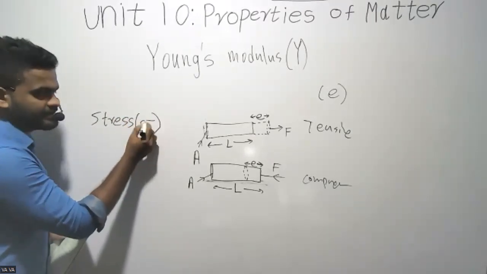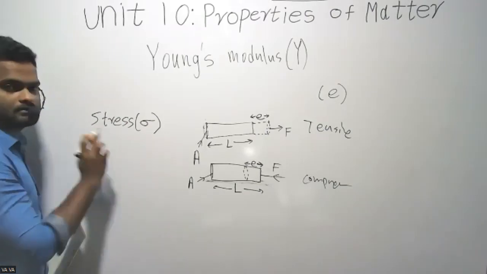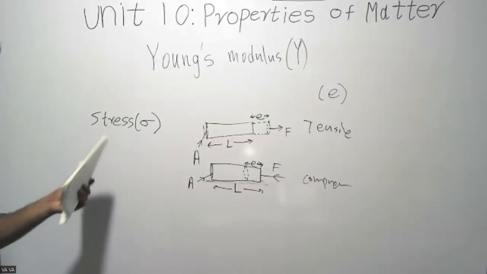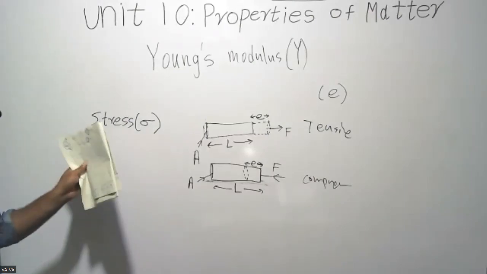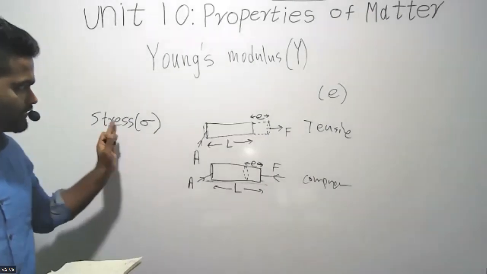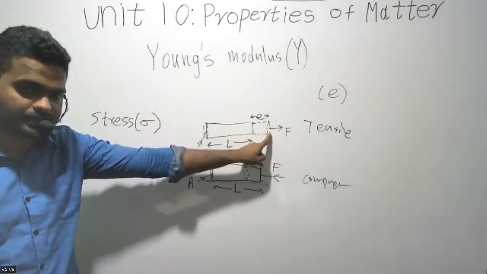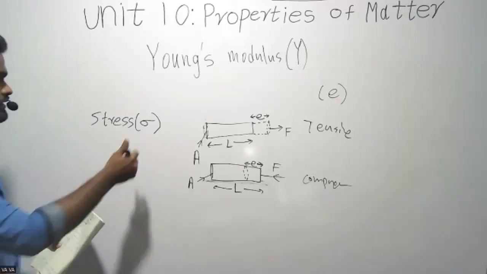Symbol of that, sigma. This is like pressure as well, but in this unit we are talking about, we call that stress. So this is the force applied on a unit area, so we call that stress.